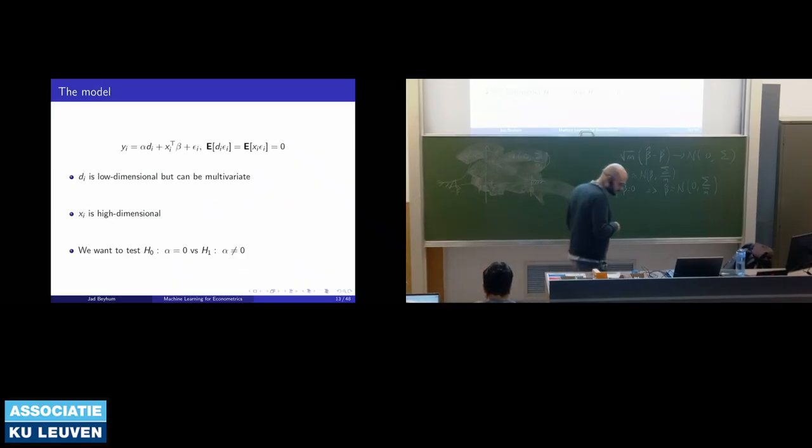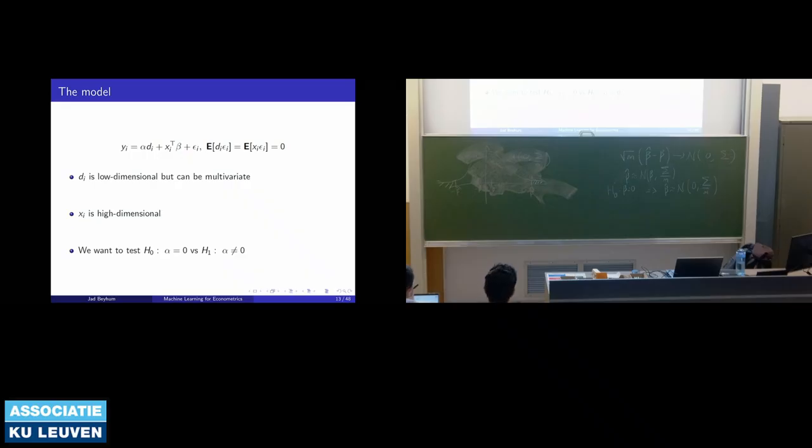So let's formalize the problem. We are again trying to do inference, so hypothesis testing, and this is the way I'm going to write the model. yi is equal to alpha di plus xi transpose beta plus epsilon i. My interest is in the coefficient of di, so the alpha. I want to do hypothesis testing on this alpha.